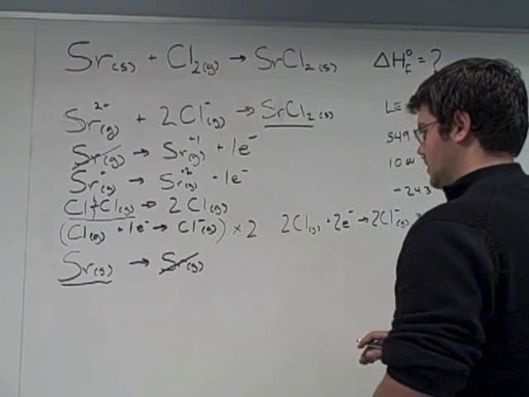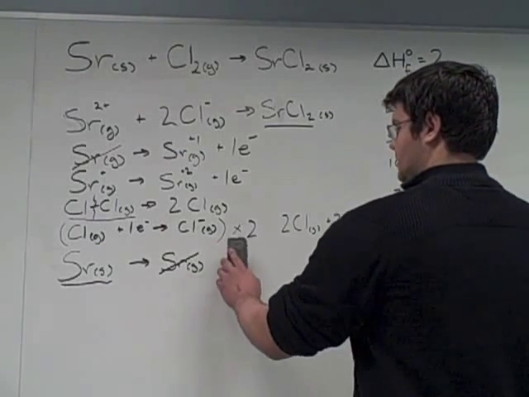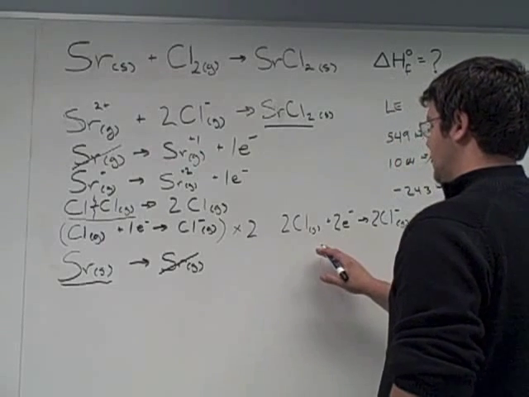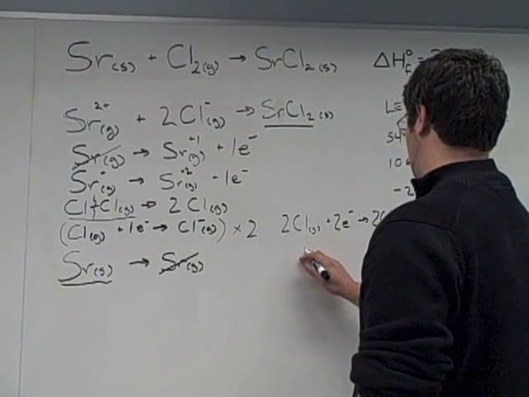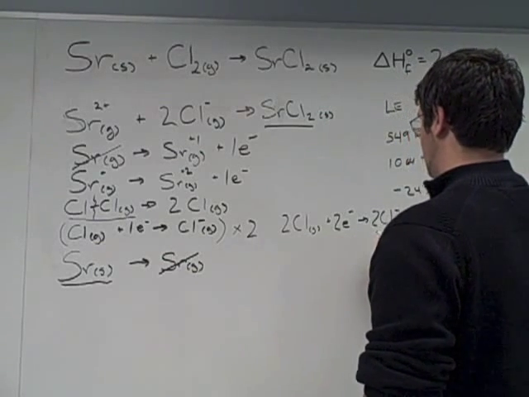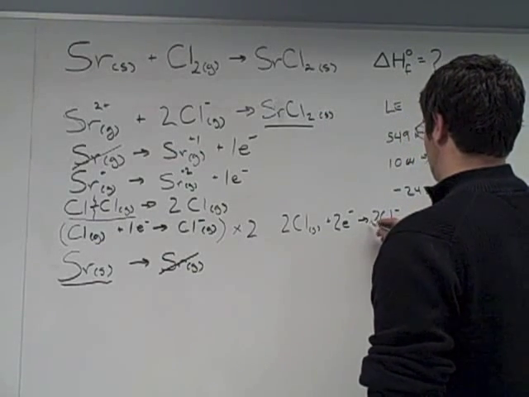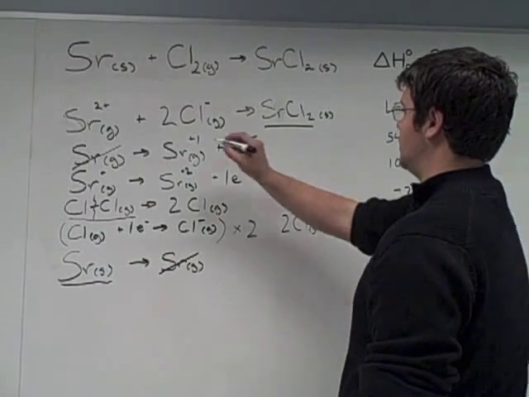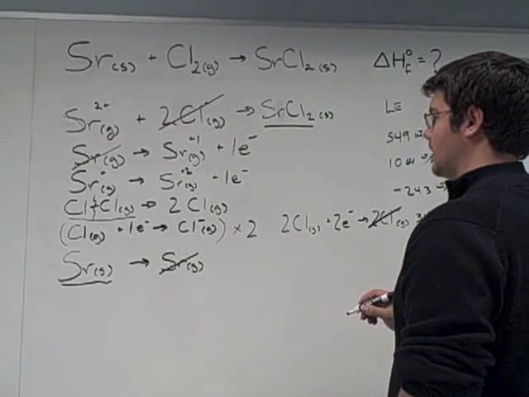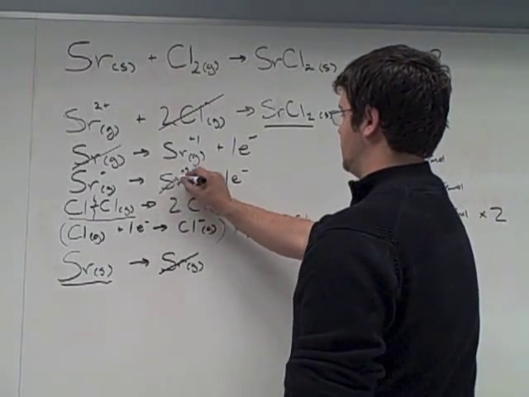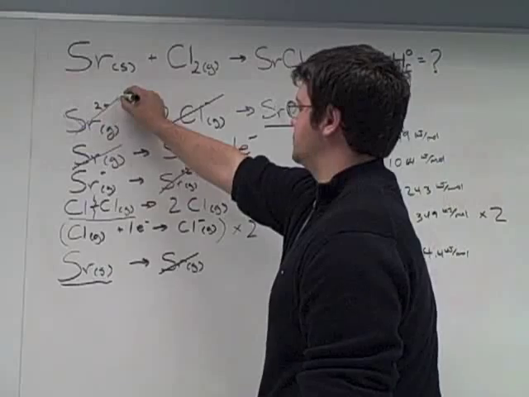All right, so now we can cancel out our 2 chlorine ions from our lattice energy up here. We can cancel out our strontium ion, 2 plus.